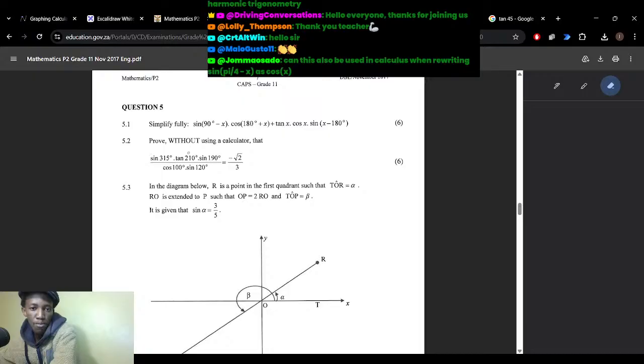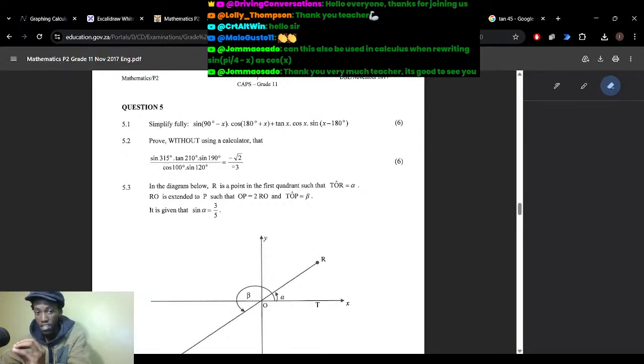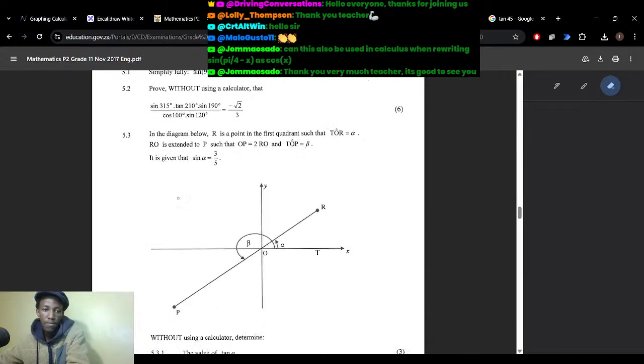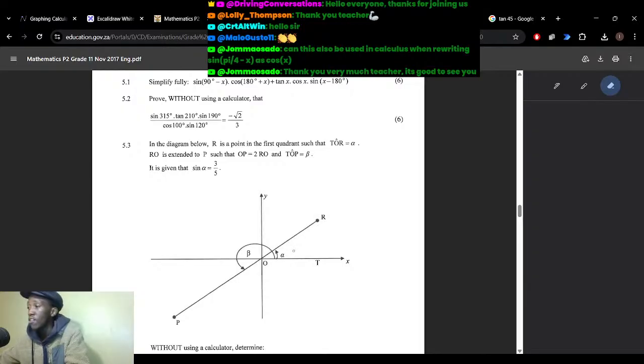So yeah, we have proved 5.2. You can see that 5.2 is worth 6 marks. So by knowing your trigonometric reductions, you can get your 6 marks very easily. However, unfortunately for you, you just arrived when we were about to stop our session for the day.